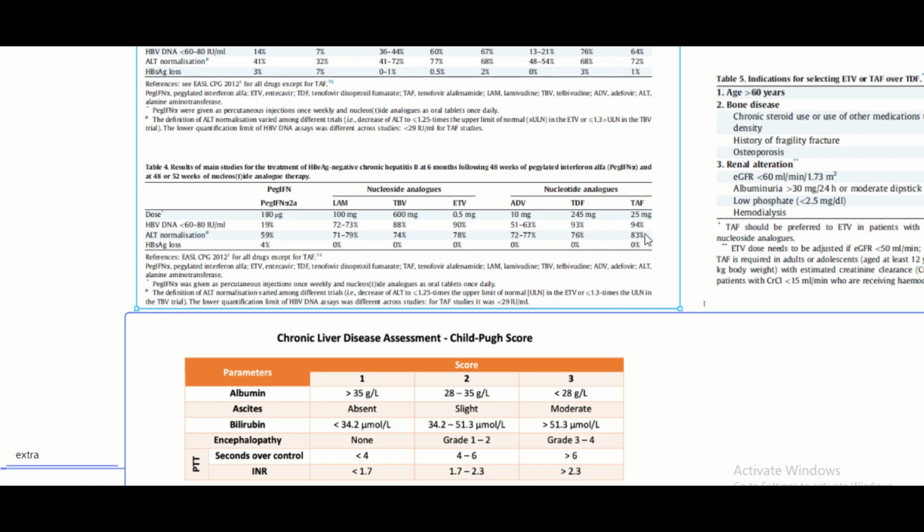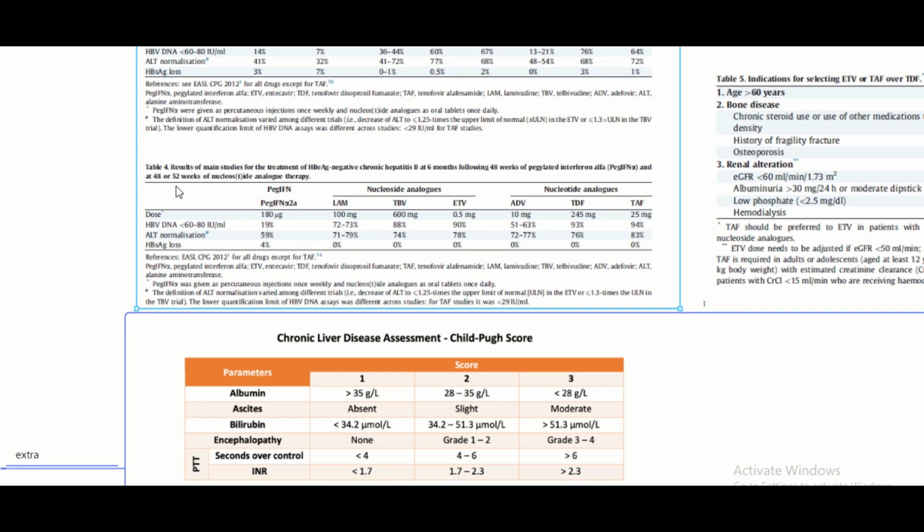Here we have a low percent of viral control, as if in the new generations we can see up to 76%. ALT normalization here is for one third to one half. Here it's almost three-thirds of patients, especially with tenofovir.